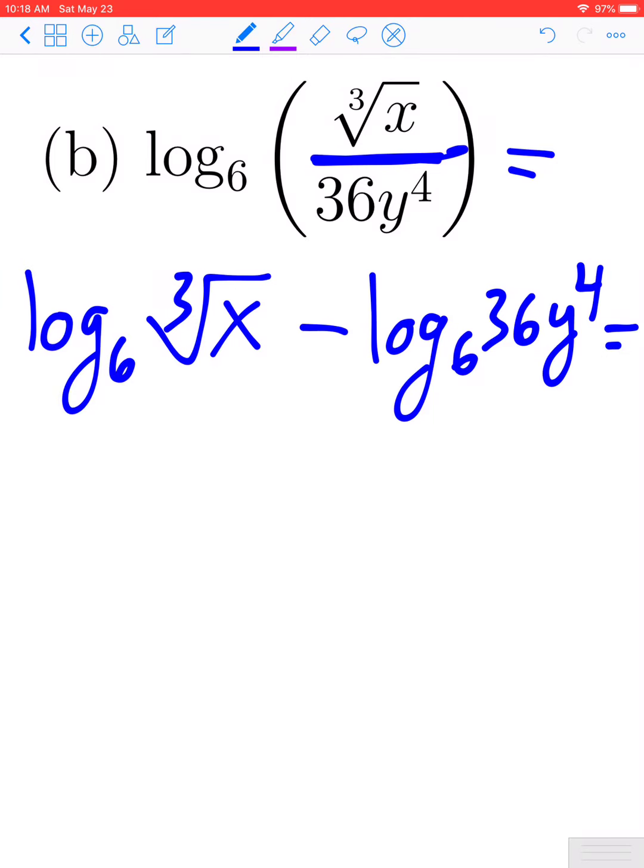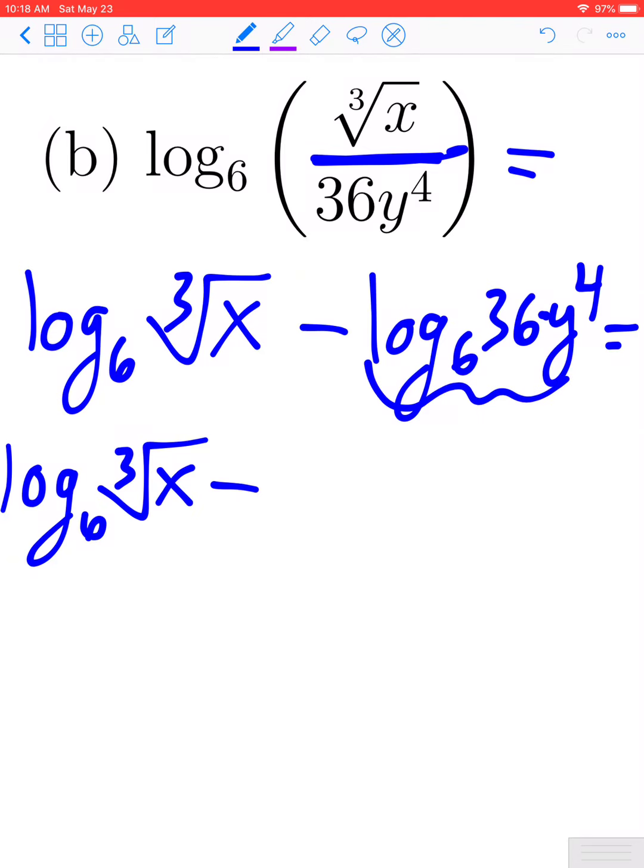The next thing we'll notice is that this expression here, 36y to the fourth, technically that's the product. That's the multiplication of 36 with y to the fourth. So we can split that apart by using the product rule. Now let's be a little bit careful because this thing is going to be subtracted. So if I split it apart into two pieces, which we're going to do, we need to make sure that we're subtracting both of those pieces.